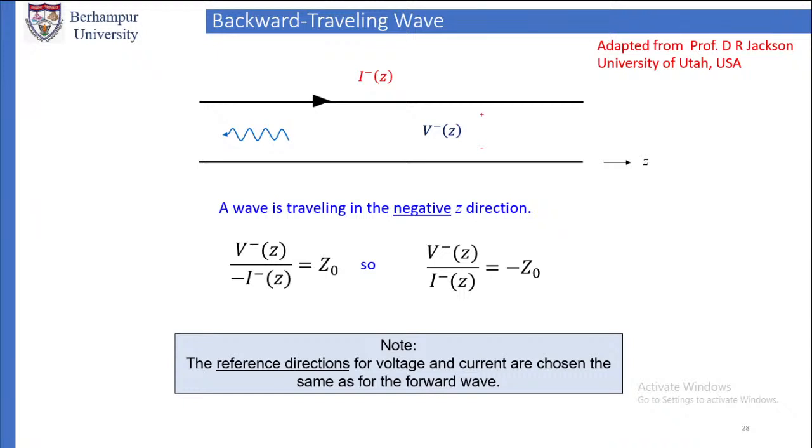If you take left to right as forward wave, then you have to take right to left as the backward wave. You cannot take left to right as forward wave and left to right as backward wave. That will be problem. So you have to consider the reference direction for voltage and current to be in the same direction, considering the forward wave. Okay.